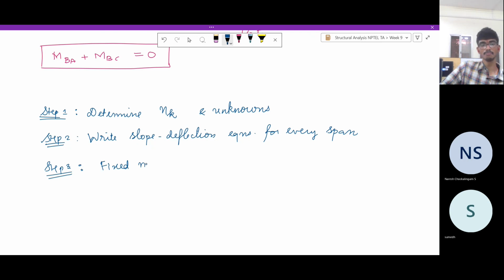You don't have to solve for them in most cases because they're usually available in a table. If you take any structural analysis book, at the back cover or the front cover, you will have a list of various loading cases and the corresponding fixed end moments. So you can either look them up or you can also solve them.